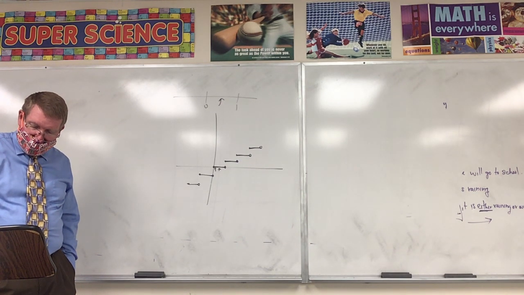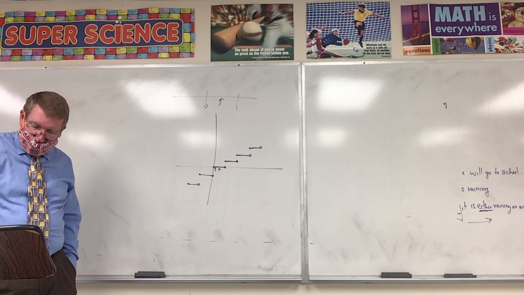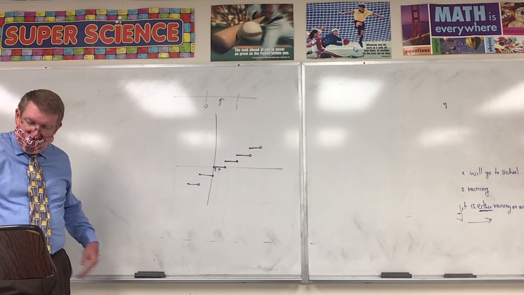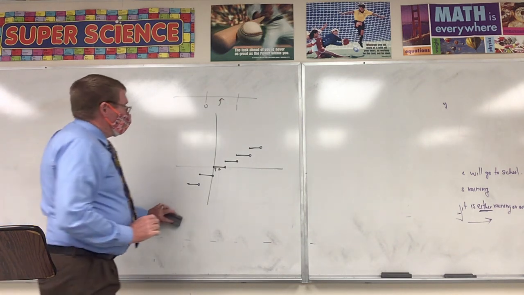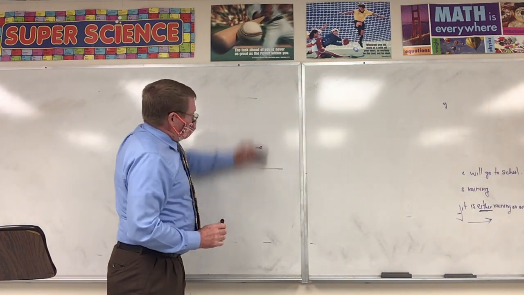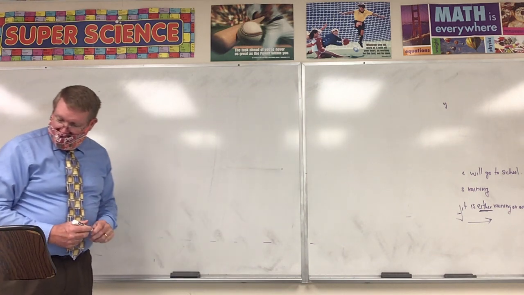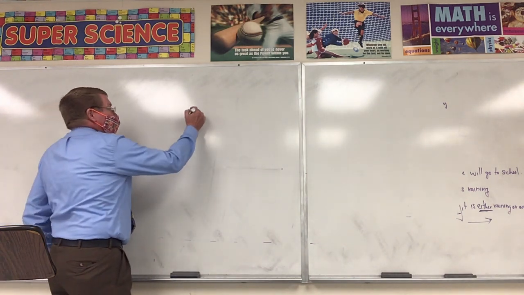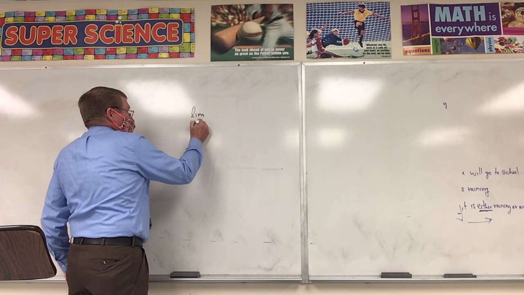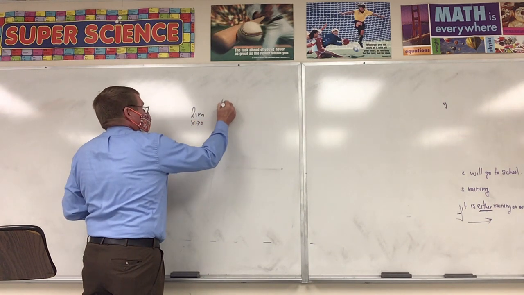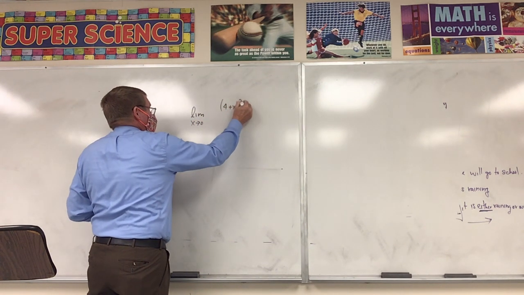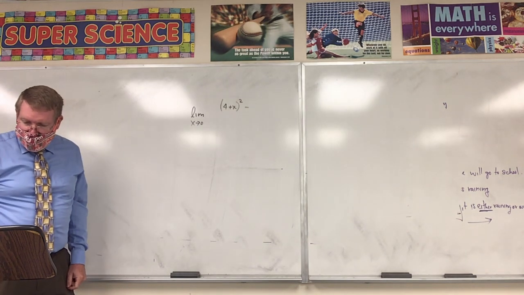Can we do 18 and 22? Wait, how was 18? So the limit as x approaches 0. Oh, no, not 8, sorry. I got that one.